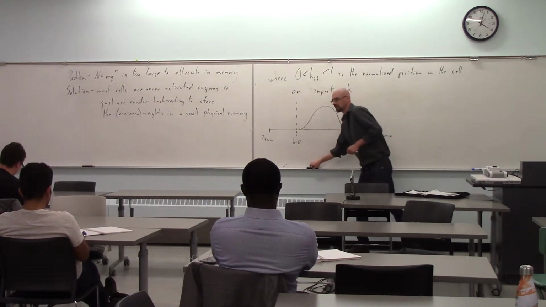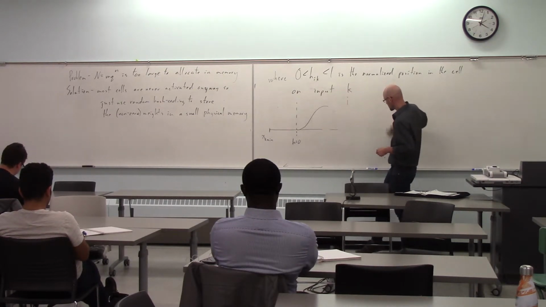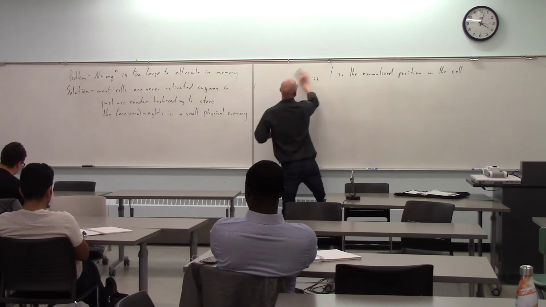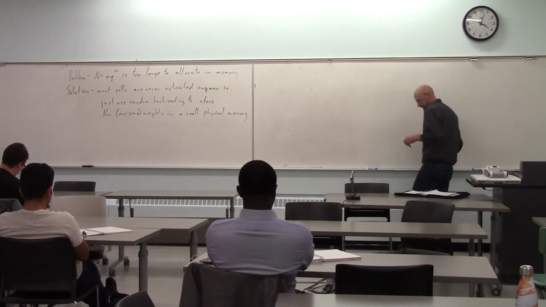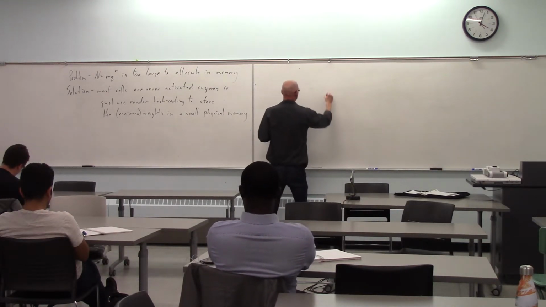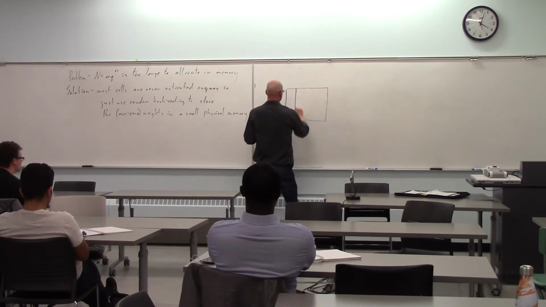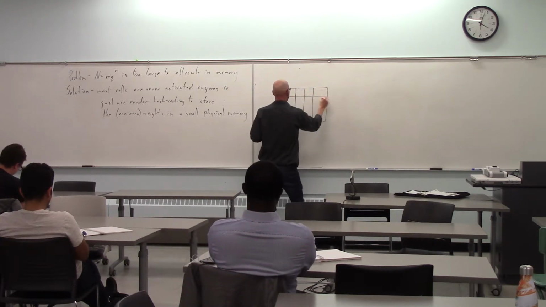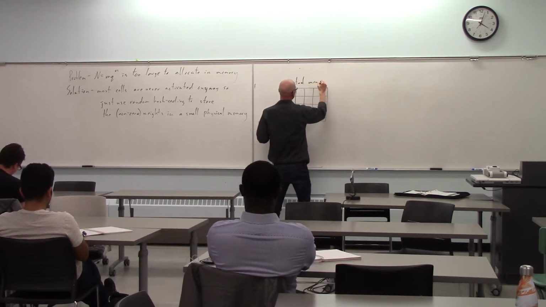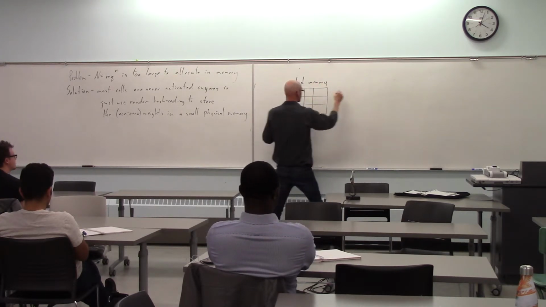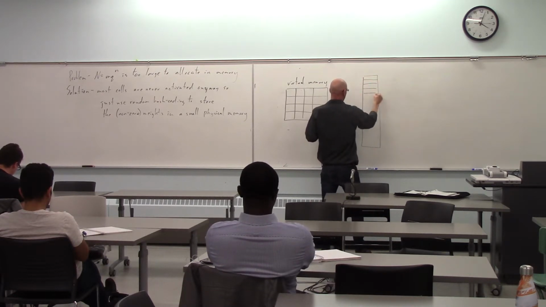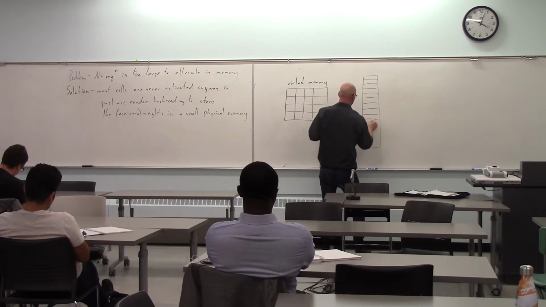I'm giving you the code for how it works, so I don't have to write all the code on the board, but I'll draw a diagram of how it works. You basically have your virtual memory here, and each spot in the virtual memory will map to a one-dimensional array, the physical memory.